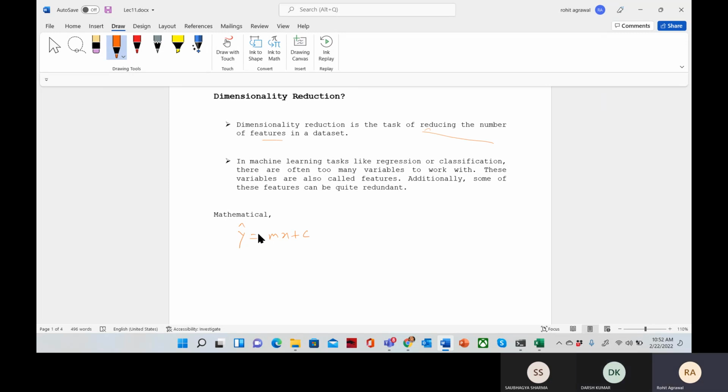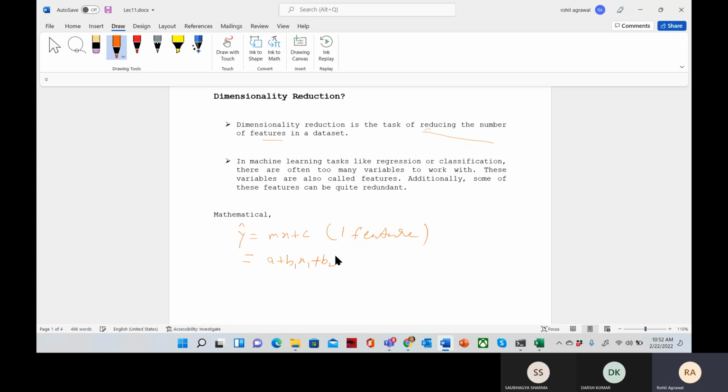Okay, let me extend this. This is for one feature. I always try to give you the mathematical way of thinking. So suppose I'm extending this and I'm writing a plus b1 x1 plus b2 x2, plus b3 x3, up to bn xn.